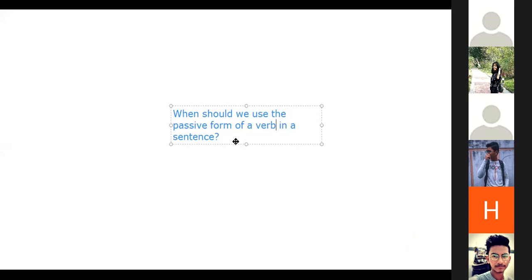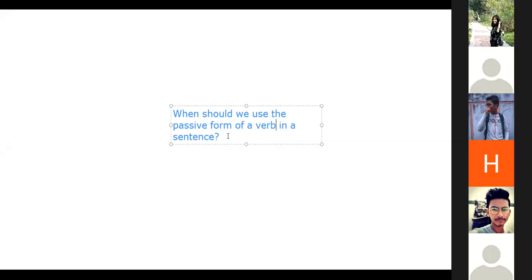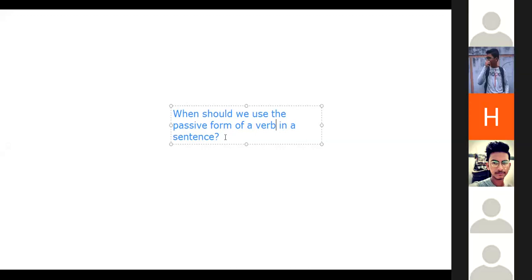You know that most of the students do not or cannot decide whether they will use the passive form of the verb or active form of the verb in a sentence. And you may have several problems like this in the text selected by the board for your examinations.